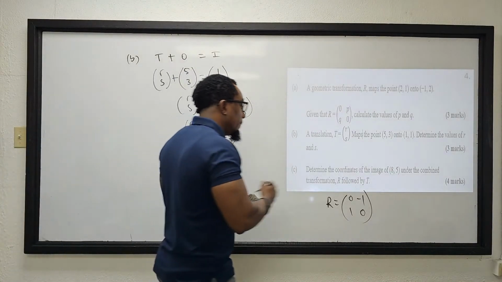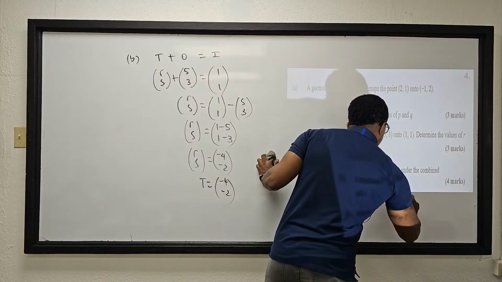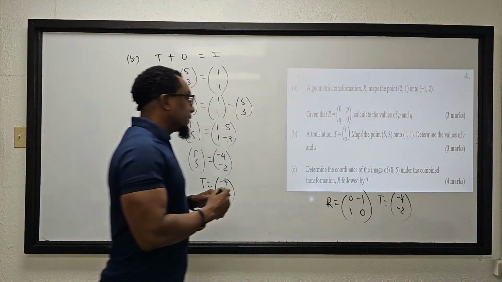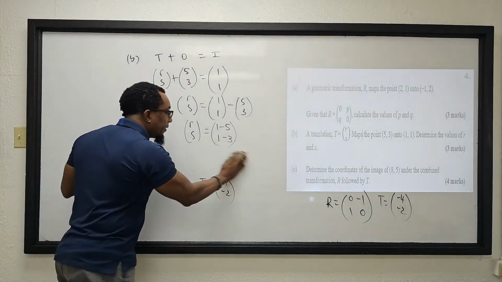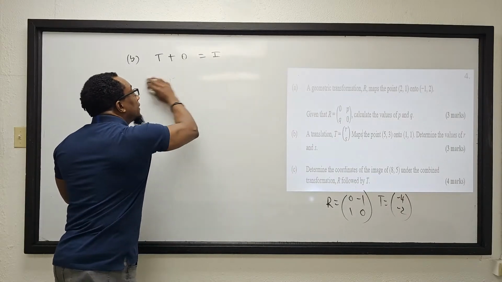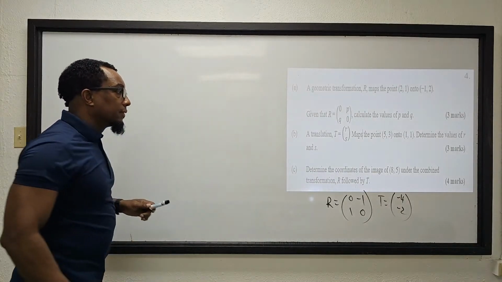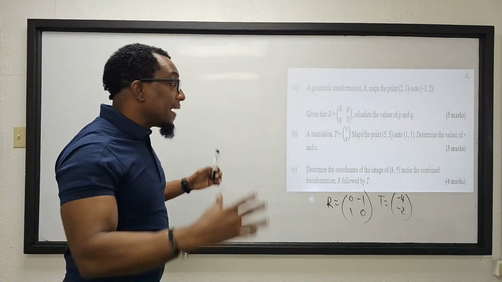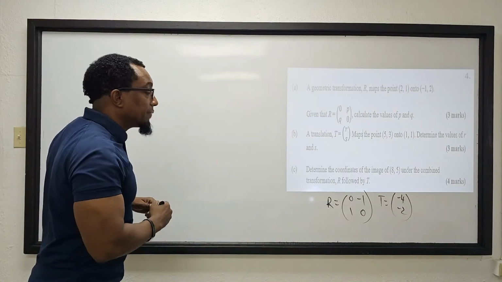So we know T is equal to -4, -2. So let's carry out the transformations individually. We cannot combine the two transformations. We have to do it individually.